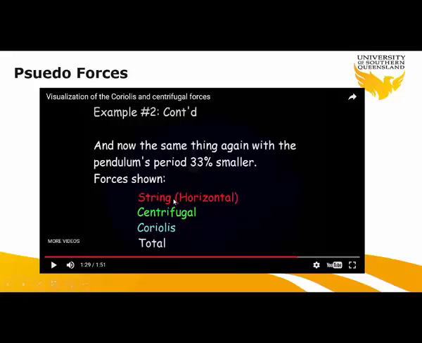Now let's do the same thing, but this time we consider the pendulum's period to be 33% smaller, and then we try to see how the centrifugal, Coriolis, and total force look like.